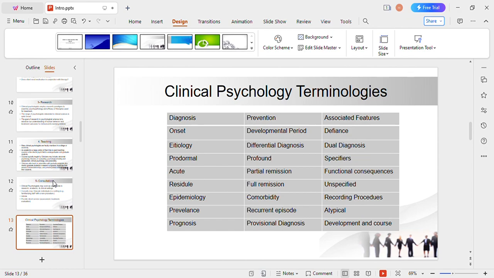So the next one is associated feature. An associated feature is not represented in any criteria, but occurs sometimes and significantly, which makes it a bit confusing to identify what the particular disorder is, whether it is a part of that particular disorder, or whether these are different symptoms.